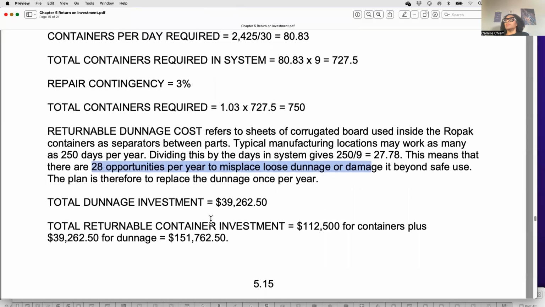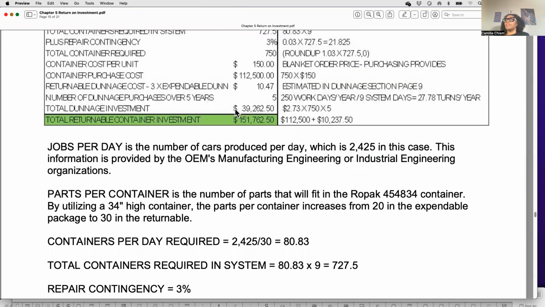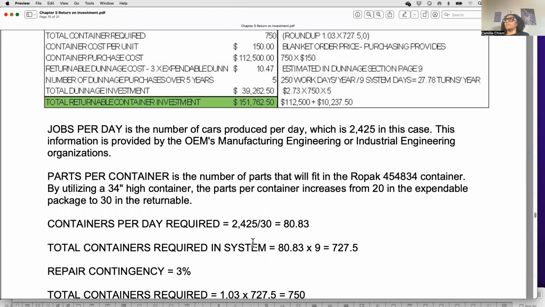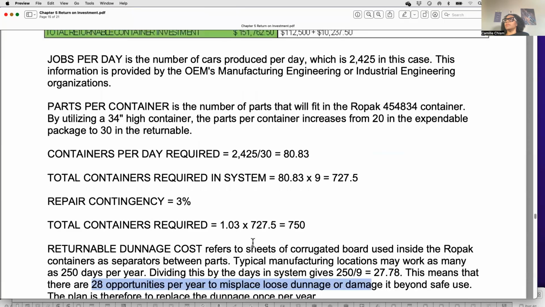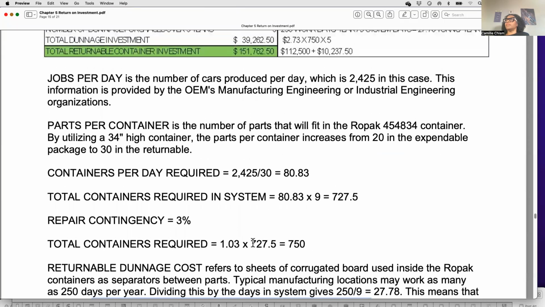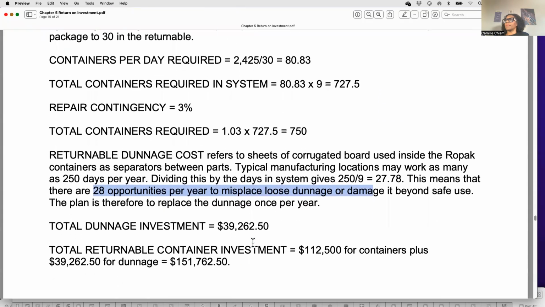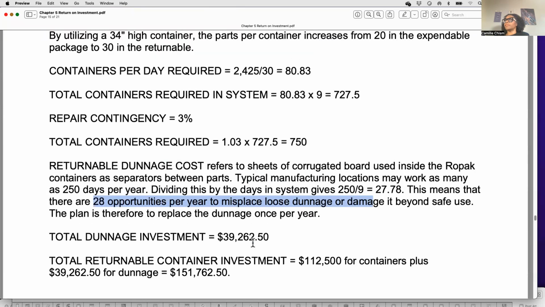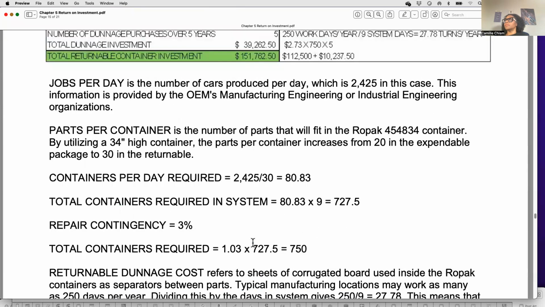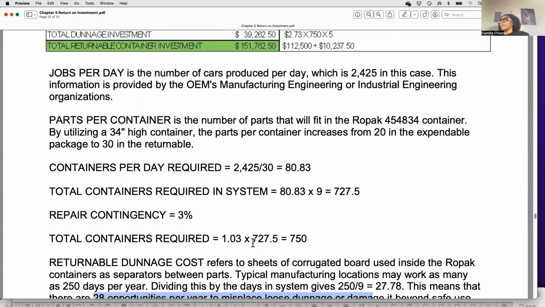Okay, so the investment for the dunnage was $39,262. I'm still trying to figure out where they came up with this: 750, which is 50 times the $2.73.